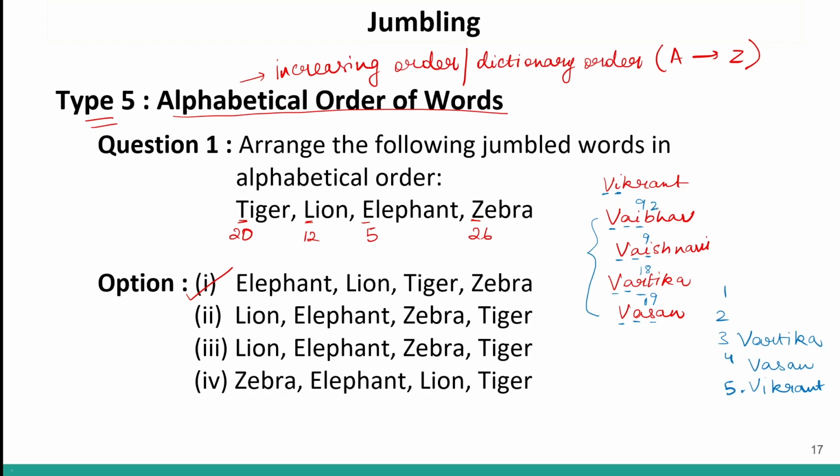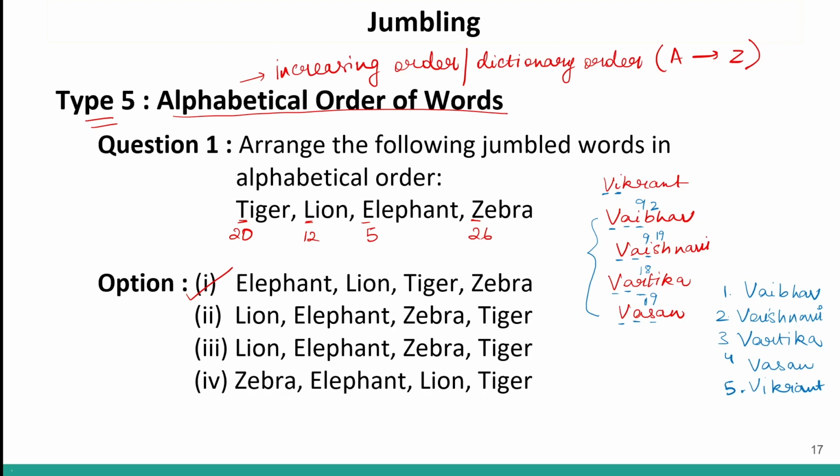B is 2. We'll move one letter forward. B is 2 and S is 19. So 2 comes before 19. So the first name would be Vaibhav and the second name would be Vaishnavi. So if a teacher has to maintain an attendance register for these students, their names will come in dictionary order like this: Vaibhav, Vaishnavi, Vartika, Vasan, and then Vikrant.